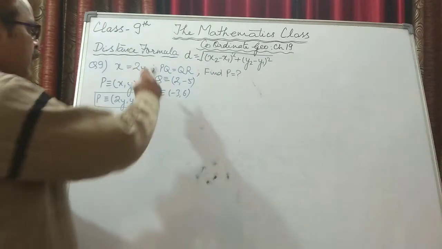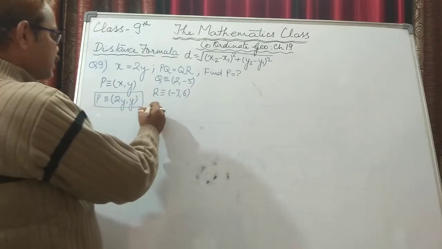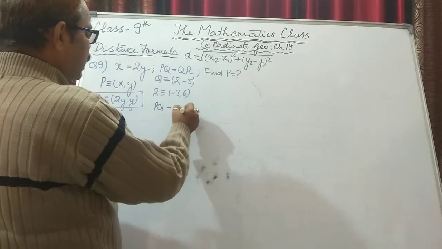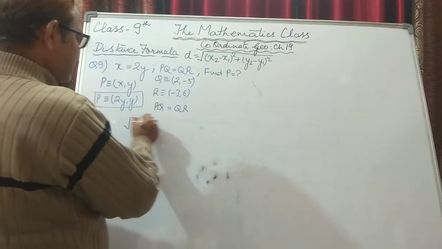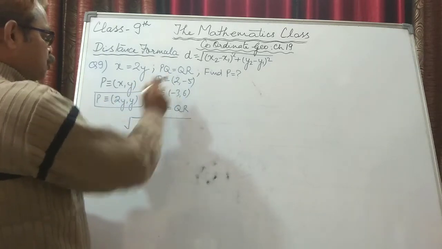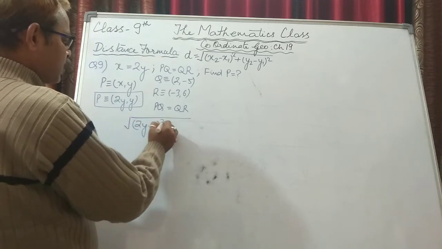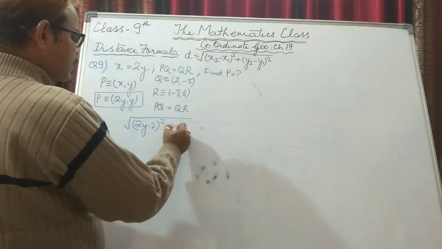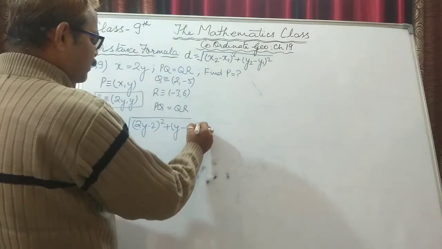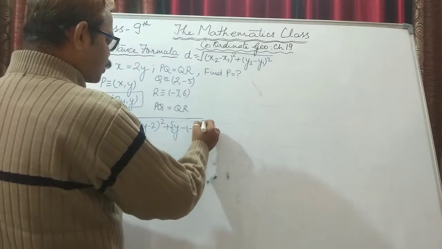Again the same situation. We'll find PQ and we'll find PR and we'll equate. So I'm doing it directly this time. It is given that PQ is equal to QR. So PQ can be written as under root x1 minus x2, means (2y minus 2) whole square, plus y1, that is y minus of minus 5, whole square.